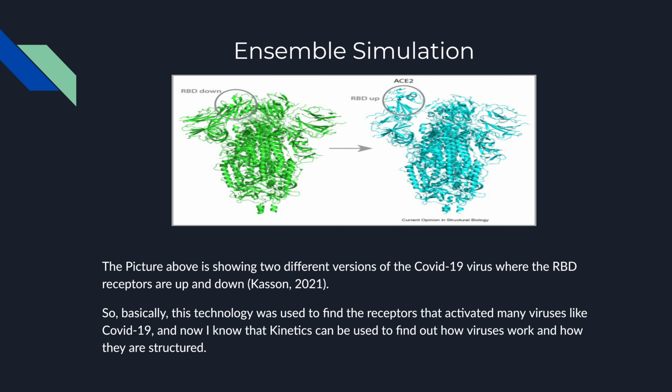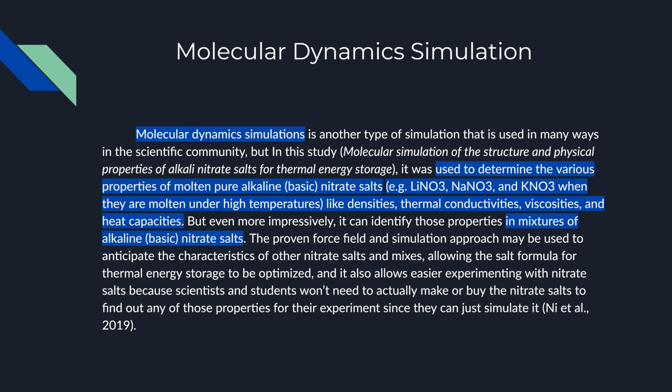And another power of ensemble simulation is that it can find different structural changes in viruses. So this is a picture of the coronavirus, in one picture with the RBD down, and in another with the RBD up and the virus activated.